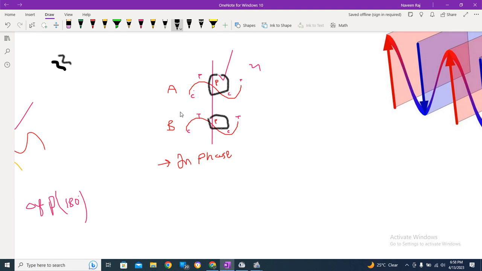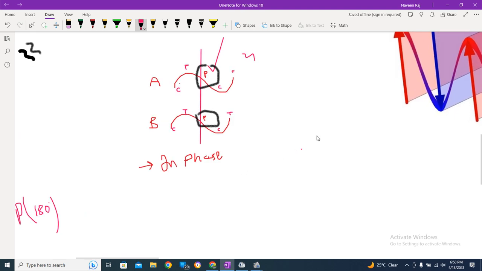I'm not going into detail right now, but I'm letting you know that wavefronts are further divided into two parts: the plane wavefront, or planar wavefront, and the spherical wavefront. The spherical, of course, is the rounded one.